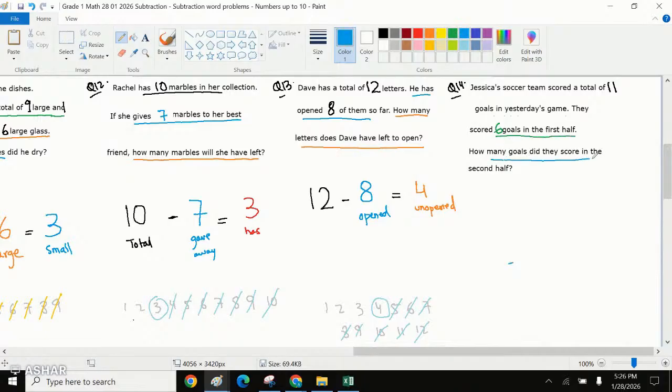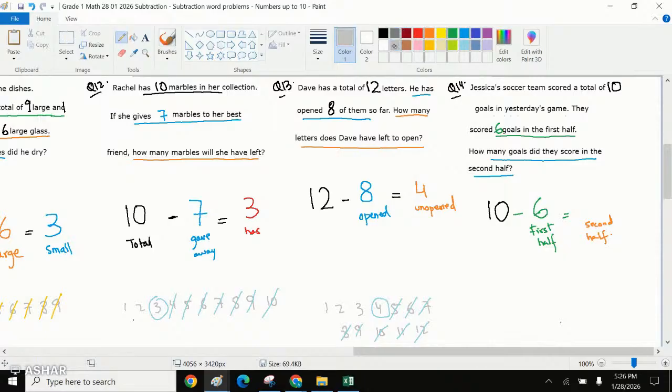How many goals did they score in the second half? Or let's suppose rather than 11 we take 10, right? So the team scored 10 goals. Out of this 10, 6 were scored in the first half. So how many were scored in the second half of the game?